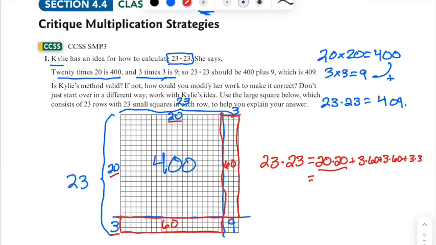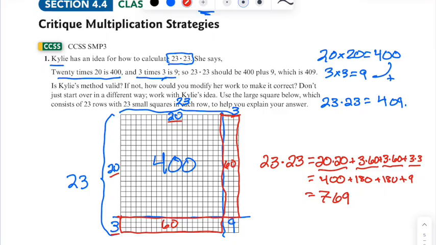And so that's 400 plus 180 here, another 180 here, and a 9. So 400 plus 180 is 580, plus 180 is 680, and then 760, 769.